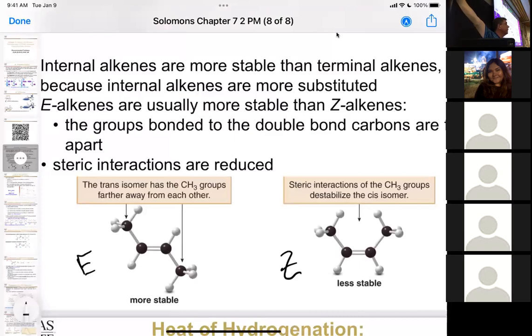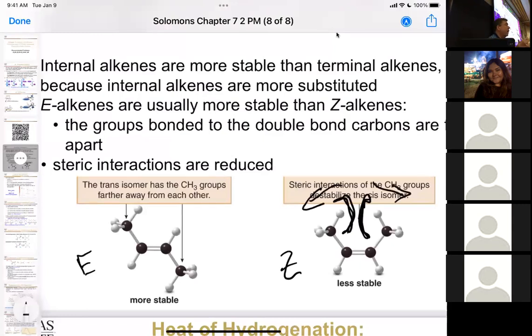Now, what if you're in the Z position, you have your methyl groups, they're starting to butt up against each other and they're sterically hindered. That's going to strain that bond and make it less stable. We have this interference between the 2 groups that are attaching there, pushing out against each other, and therefore they're less stable.